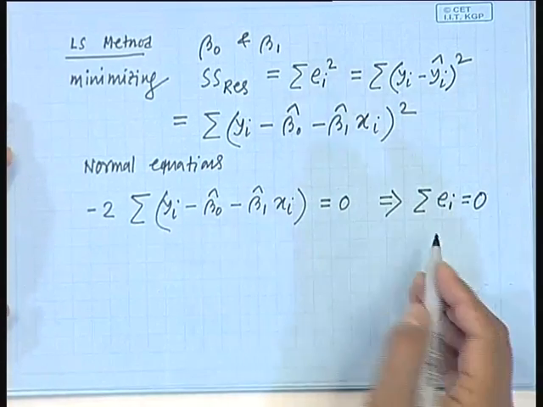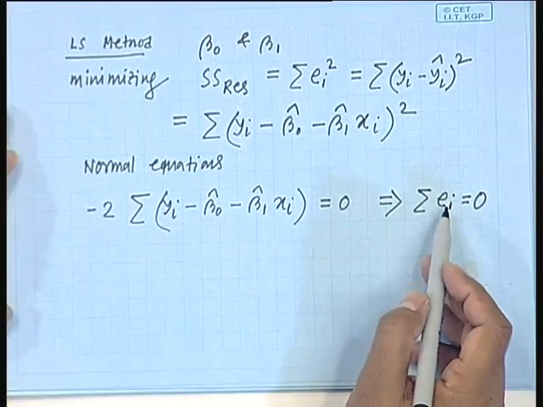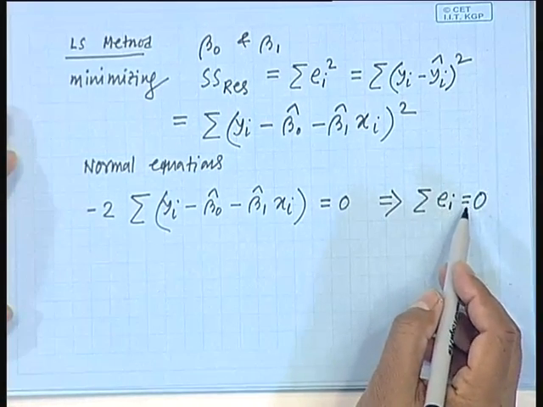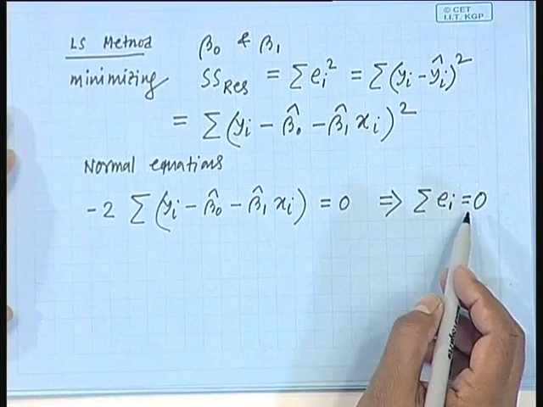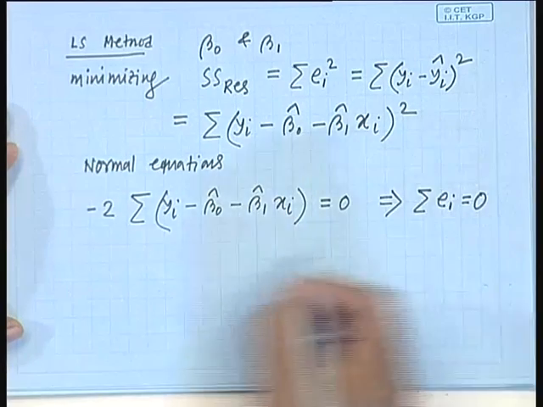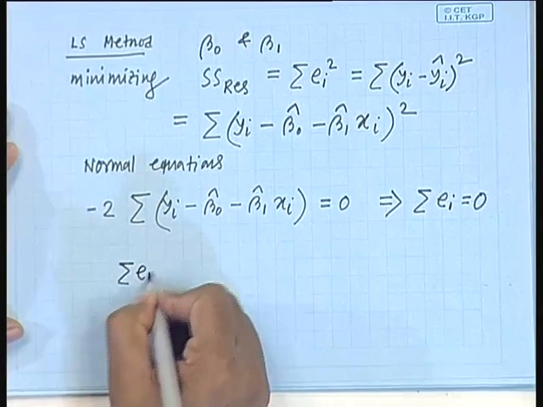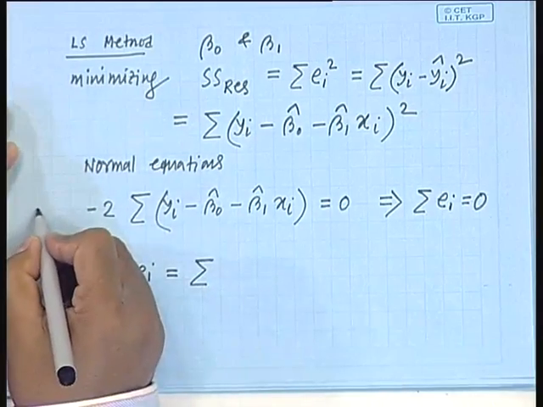So the first normal equation says that the sum of the residuals is equal to 0. So this is the first property.